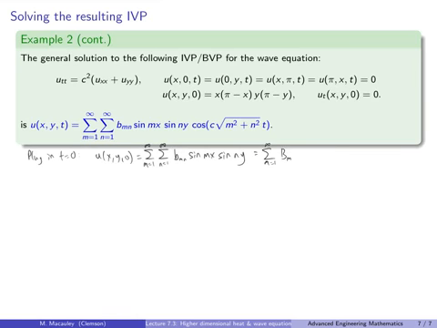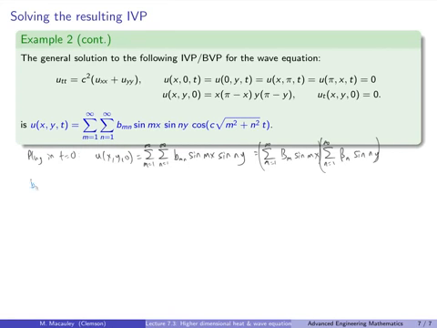I'll do capital Bm sine of mx times n equals 1 to infinity of, let's call this beta n sine of ny. Okay, so why are these things equal? Let's just think about what this is. So what is this thing on the left-hand side? The left-hand side here is going to look like this.